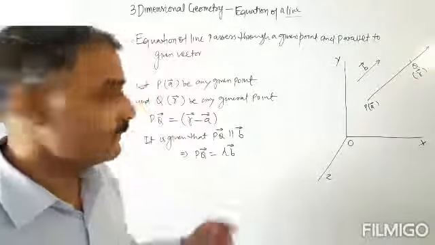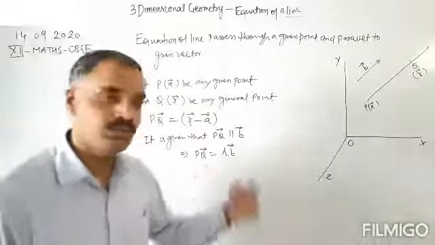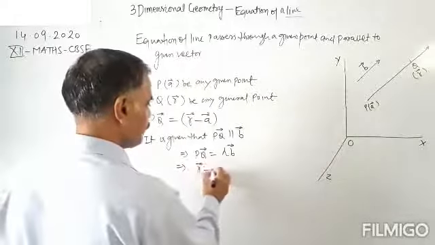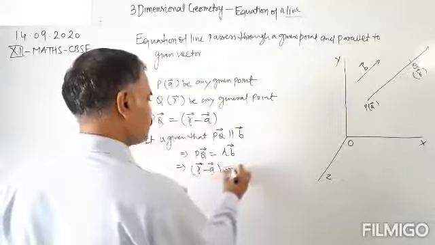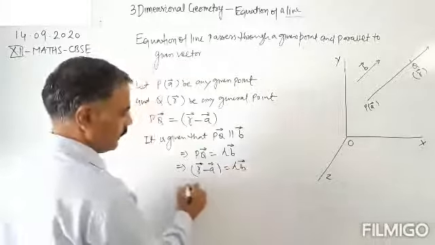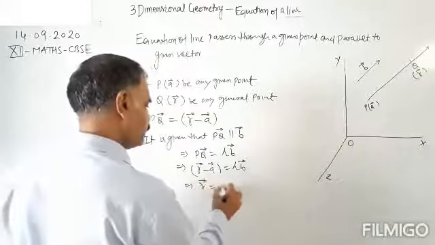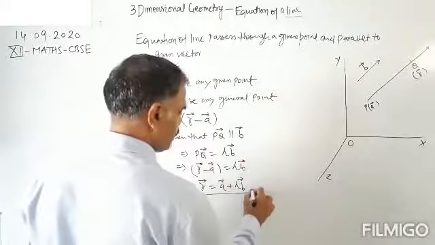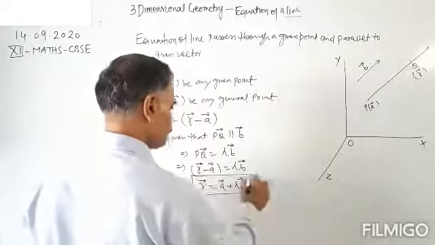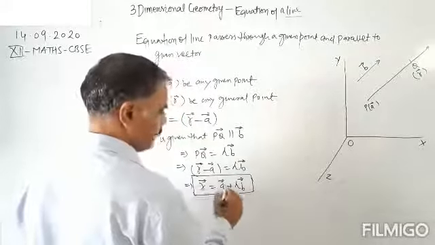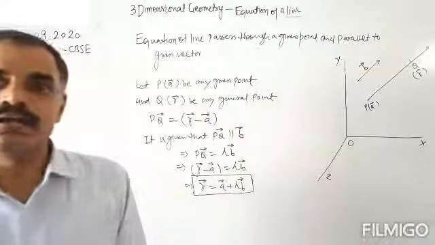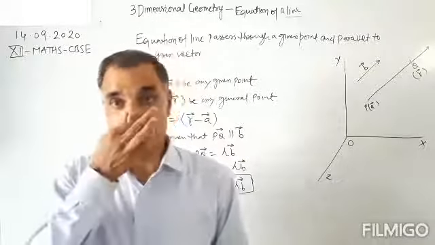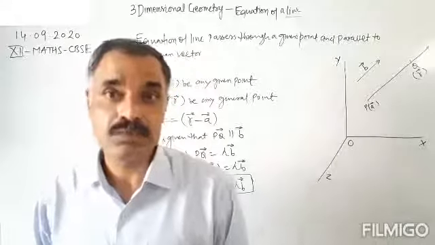Using that condition here, PQ vector equals lambda b vector, so PQ vector equals R vector minus A vector, and this equals lambda b vector. So R vector equals A vector plus lambda b vector. This is the equation of the line passing through the point A vector and parallel to the given vector B vector. In this way we can find the equation of a line.